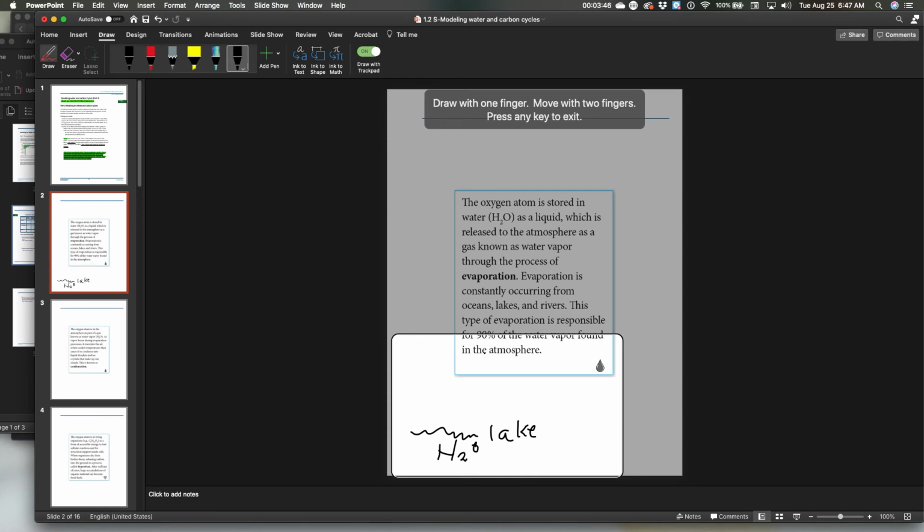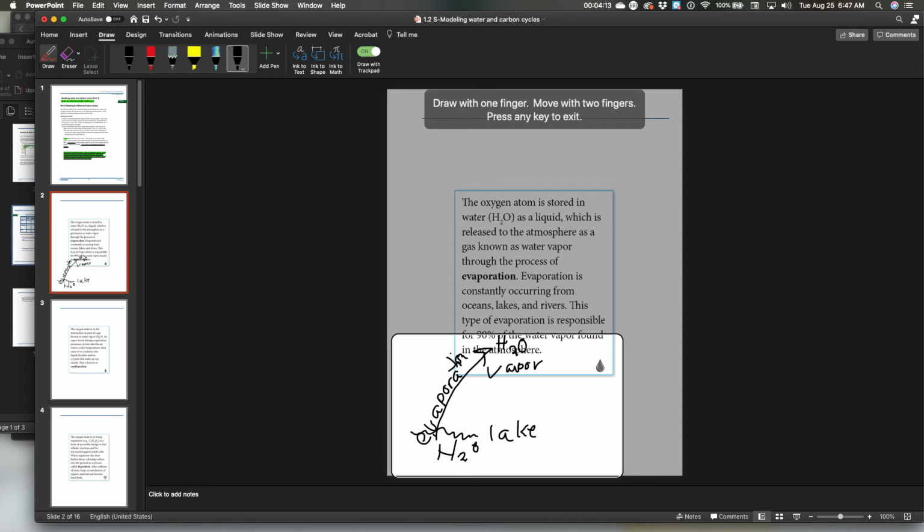And it says that it is released to the atmosphere as a gas known as water vapor through the process of evaporation. So I'm going to draw an arrow up into the atmosphere, and this is called evaporation. And up here, we have water vapor.